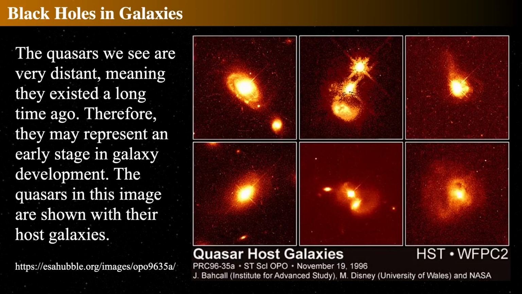So they represent an early stage in galaxy development. So quasars are a long time ago, and if the universe is only 13.6 billion years old, and we're looking billions of years in the past, this is a childhood picture of supermassive black holes. The image that we see inset shows that quasars are part of galaxies, but they're the bright supermassive cores of galaxies.